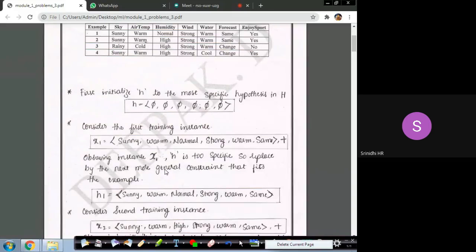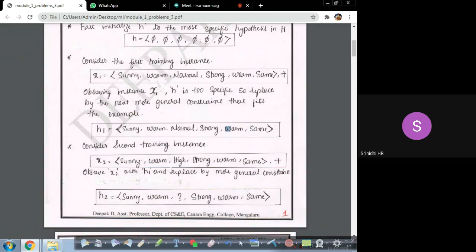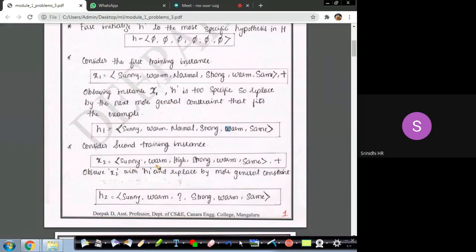Consider the second training instance now. What is my second training instance? Here I have x2: sunny, warm, high, strong, warm, and same. What type of example is it? Again, it's a positive example. You start comparing h1 with x2.